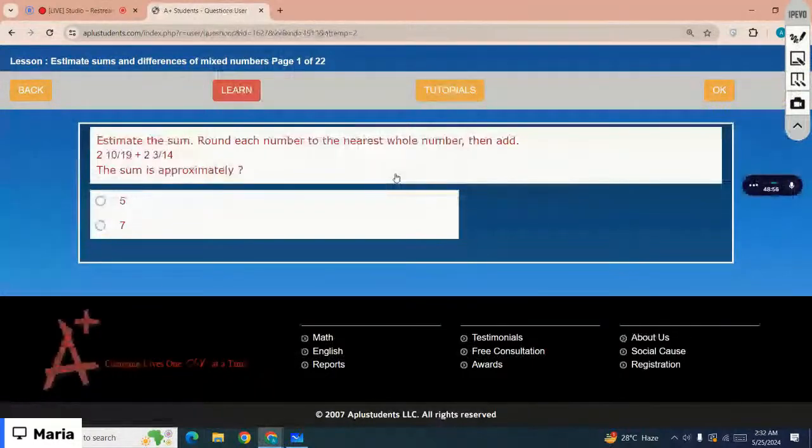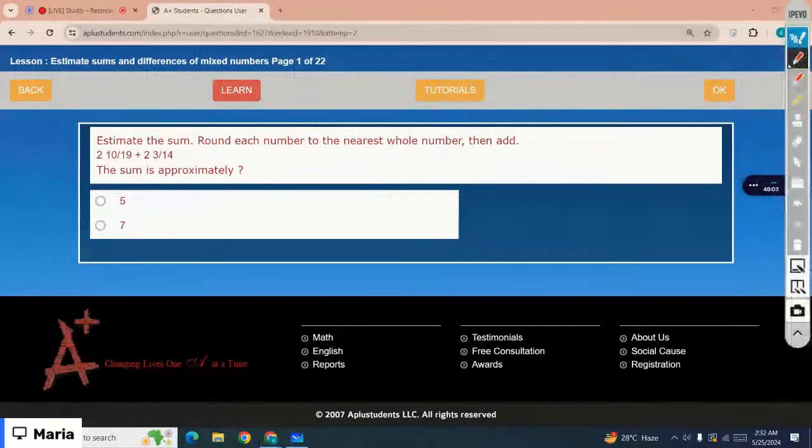Okay, estimate the sum. 2 whole 10 over 19 plus 2 whole 3 over 14, right? Now let's just look at their fractional parts. 10 over 19, that is more than half. How do I know? The half of 19 is 9.5, right? So 10 is greater than 9.5. So that means 10 by 19 is more than half.